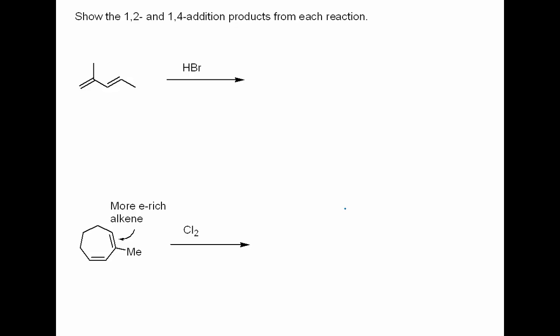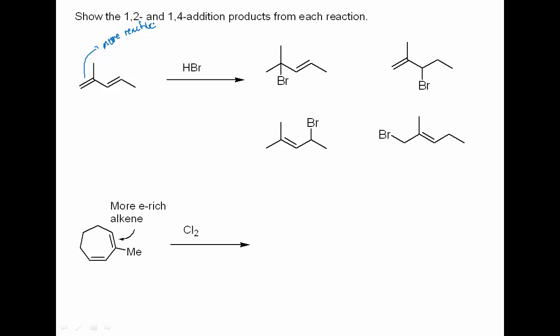All right, so both of these double bonds here are disubstituted. This one here is probably more reactive because there's the potential to form a tertiary carbocation from that double bond. Okay. All right, so if we look at all the 1,2 and 1,4 addition products, there's quite a lot of them.